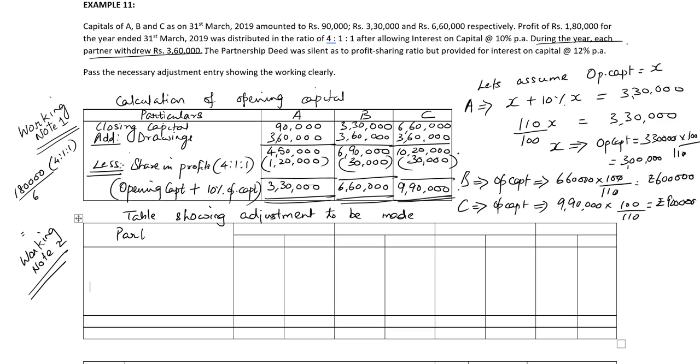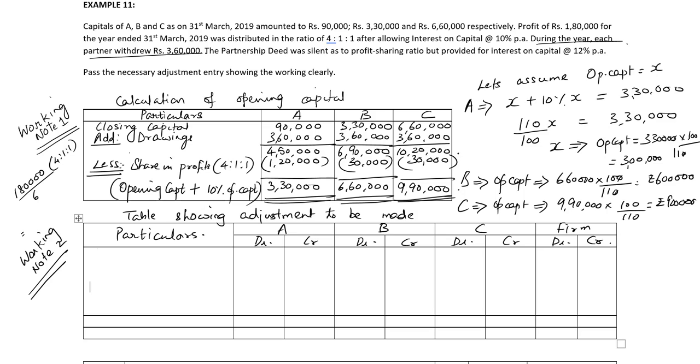Particulars: A divided into debit and credit, B divided into debit and credit, and C divided into debit and credit. The last column is for the firm, divided into debit and credit. The profits have been distributed in the wrong ratio of 4:1:1, and the correct ratio is 1:1:1.